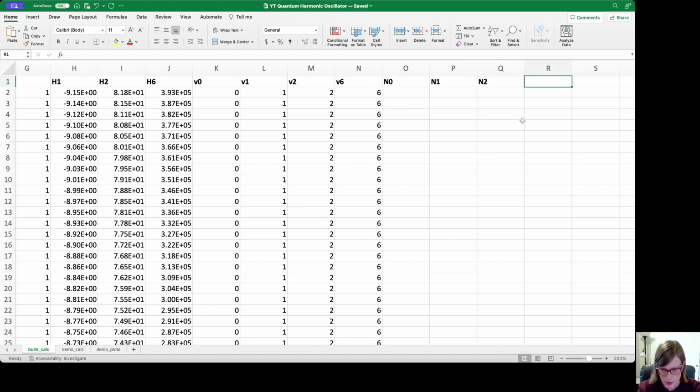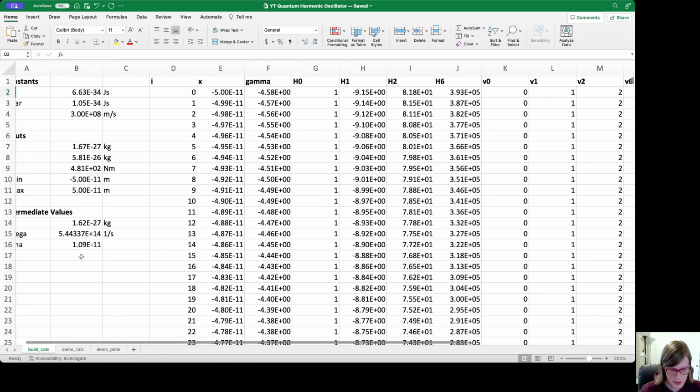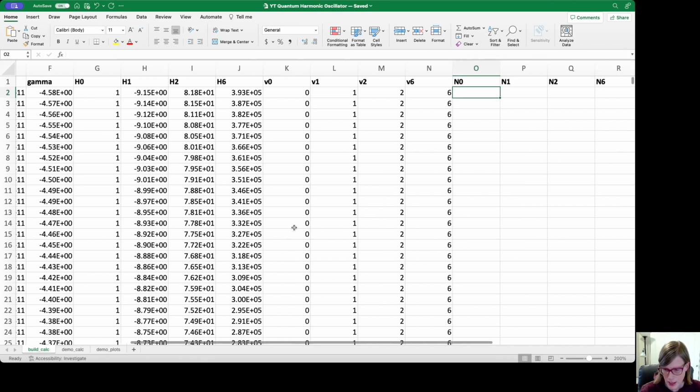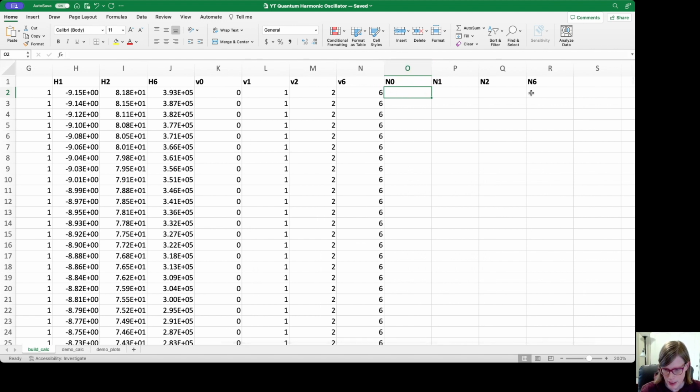Okay, so N0, N1, N2, N6. These will be our normalization factors. What I'm going to do is define one normalization factor formula here, use relative references to this V0, and an absolute reference to this alpha, and then just drag it to the right, and double click to send it down, and fill in all of these normalization factors at once.